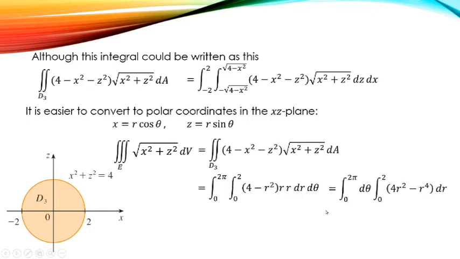So performing the integrals, we have 2 pi times 4r cubed over 3 minus r raised to 5 over 5, evaluated from 0 to 2. So this is equal to 128 pi over 15. So this is the triple integral of square root of x squared plus z squared dV, evaluated on the solid region E.